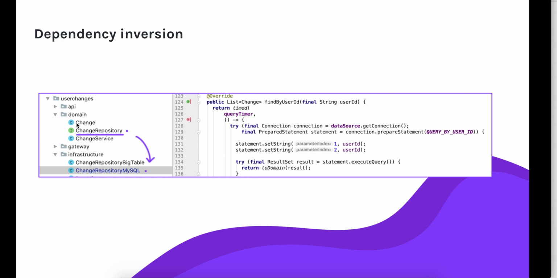And in the domain layer, the model that I have is called Change, because Change represents the model that I'm talking about in this context, which is user changes. And now with regards to the DIP, or dependency inversion principle, you can see that the only thing I have defined, for you guys who know Java, is an interface called ChangeRepository. And that's the only thing this domain needs to care about.